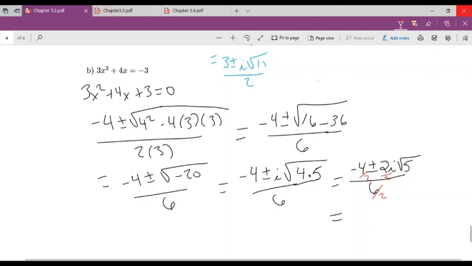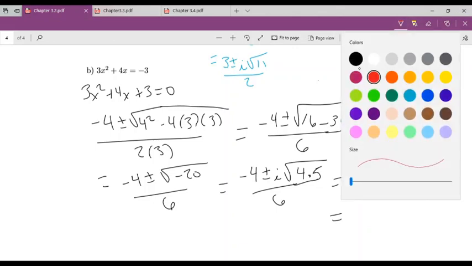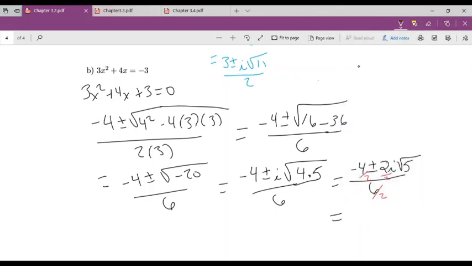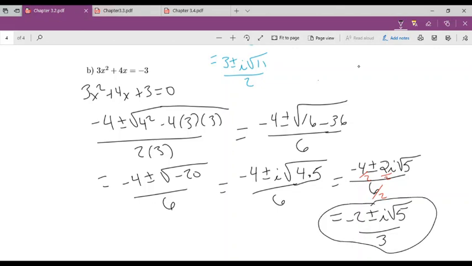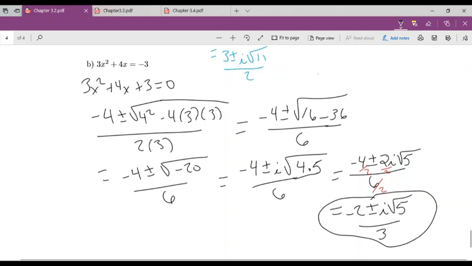So what it simplifies to here is negative 2 plus or minus i square root 5 all over 3. Okay, and those would be your two final answers. So one of them would be negative 2 plus i square root 5 over 3. The other would be negative 2 minus i square root 5 over 3.